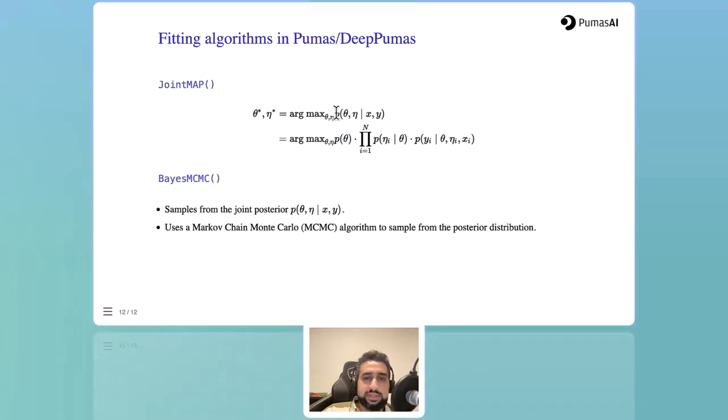When we maximize the joint posterior of theta and eta, given all of the observations, that's basically the joint MAP solution. To maximize this, it's equivalent to maximizing the joint probability of theta, the random effects for all the individuals, and the observations for all the individuals. So it's the joint probability between all of them that we're maximizing.